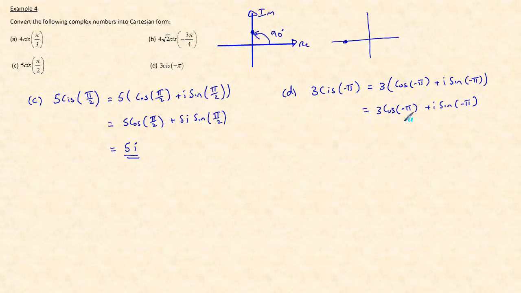Now we should use what's known as a principal argument. So that's the same as having 3 cos pi plus i sine pi. Puts it in the same place. Now the cosine of pi is negative 1, the sine of pi is 0, so this is negative 3. And if you look at the diagram, this is the correct place for negative 3.